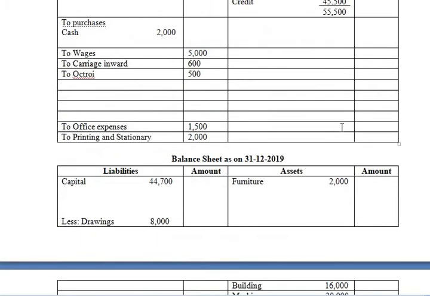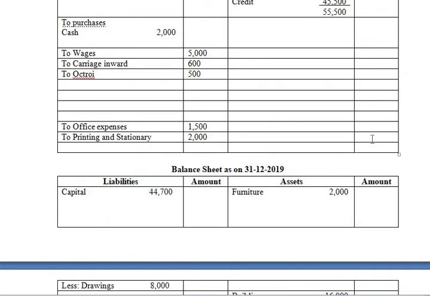Here, to discount allowed, and what is the entry here? Discount allowed, the amount is 500.